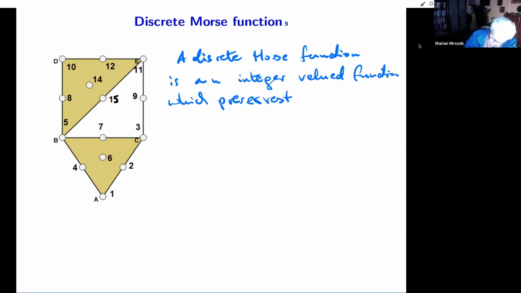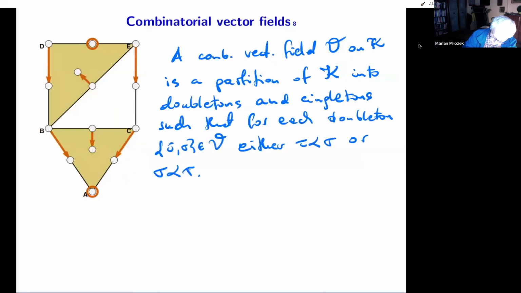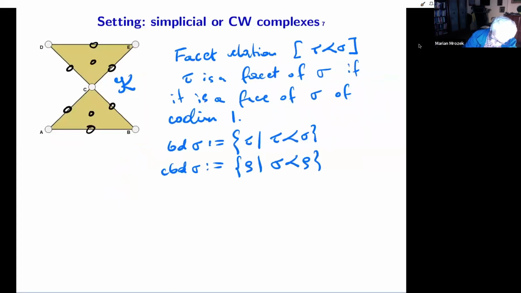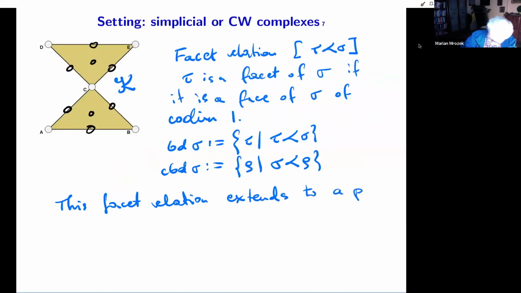So maybe I should have mentioned already that this facet relation extends to a partial order, which I denote the usual way.